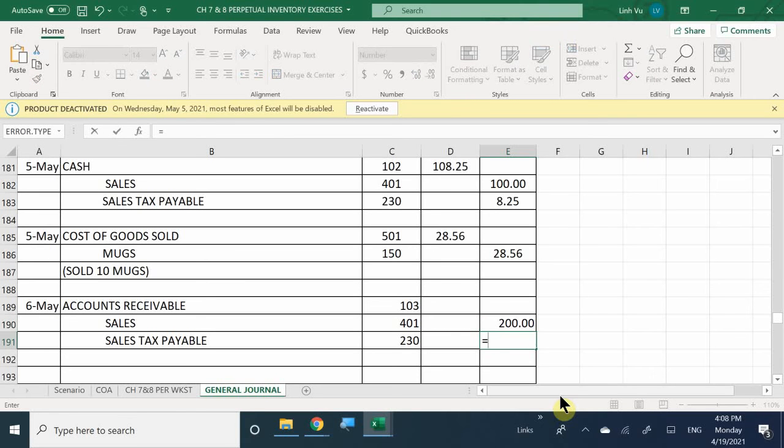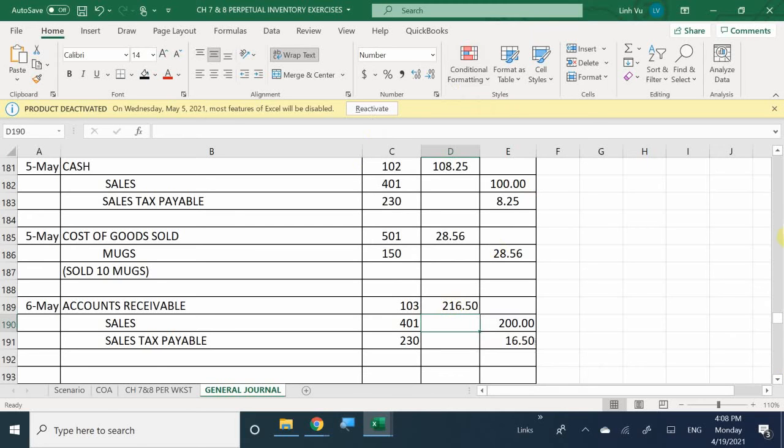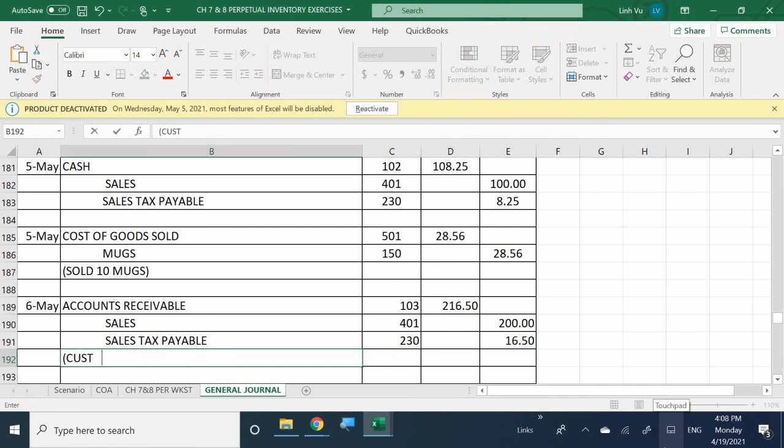So what's going to be my tax? $16.50. So how much in grand total does customer A owe me? $216.50.